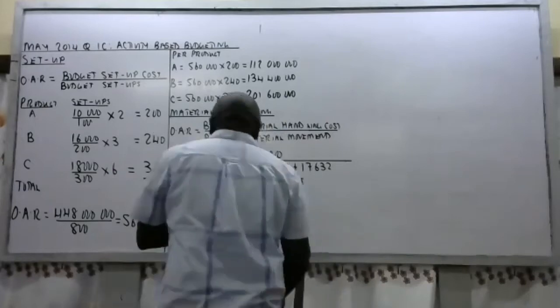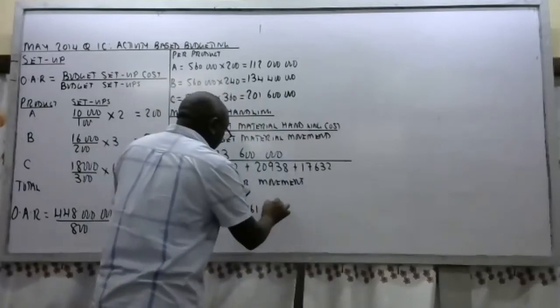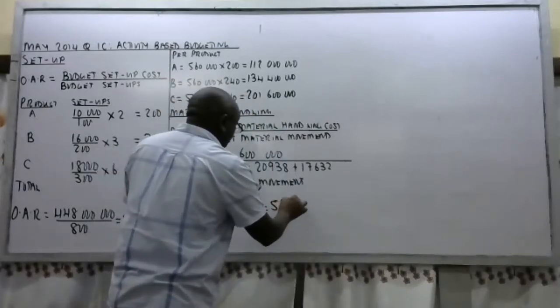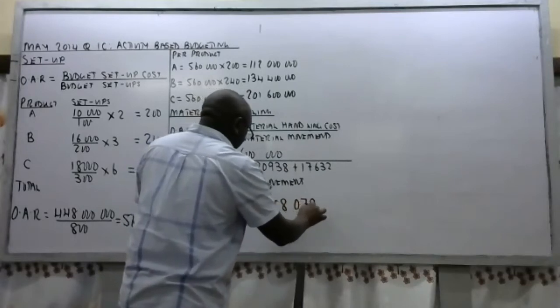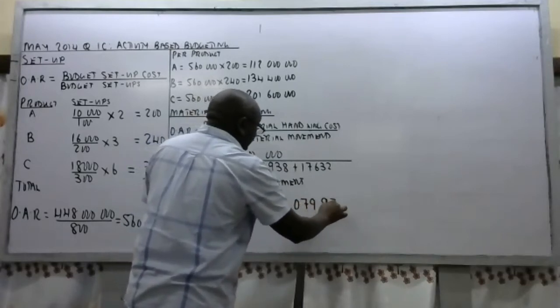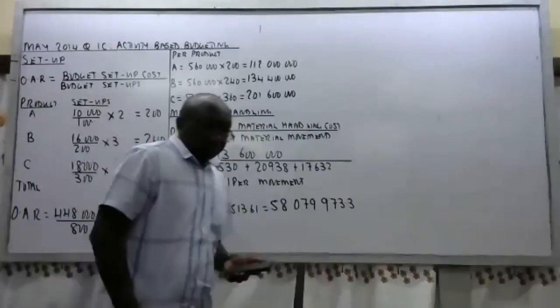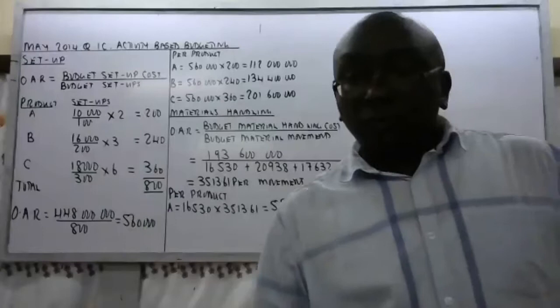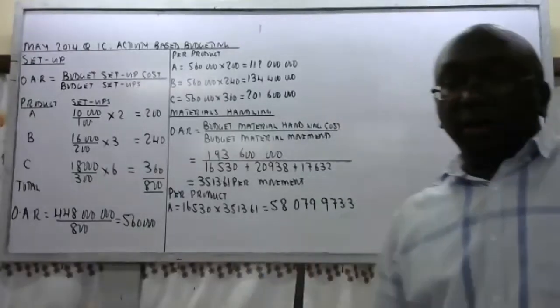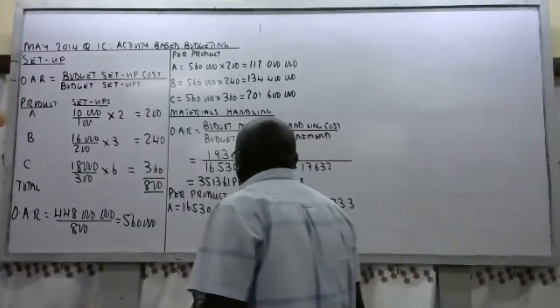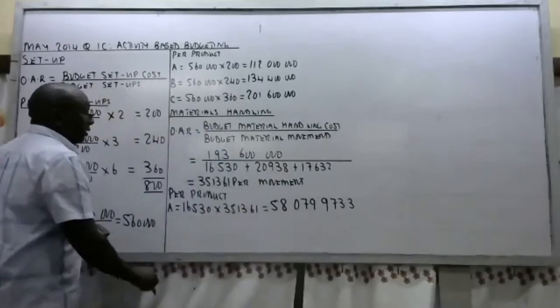So if you are multiplying, this takes us to 58,079,973.3. Okay, good. It's confirmed.